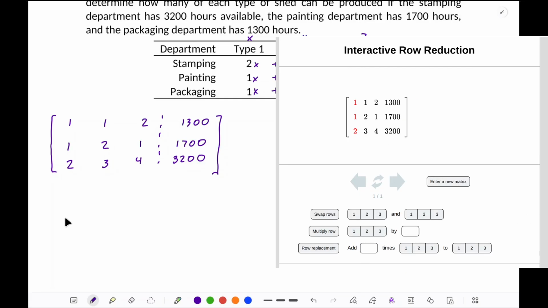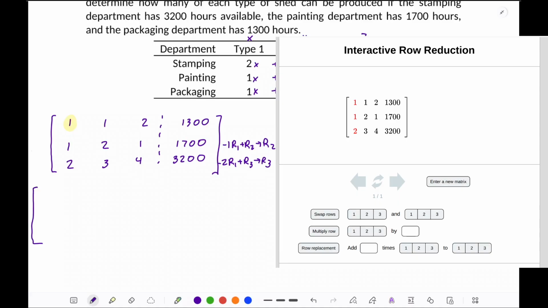Got it correct. So now my top entry, like I said, I already wrote it in such a way that that is my pivot row. So the opposite of 1 is -1 times our pivot row plus row 2. Replace row 2. The opposite of 2 is -2 times our pivot row plus row 3. Replace row 3.